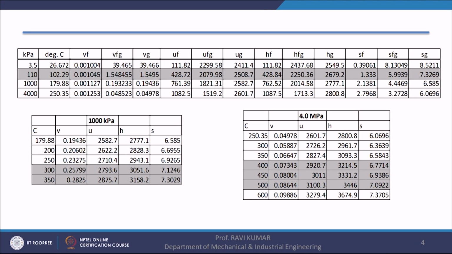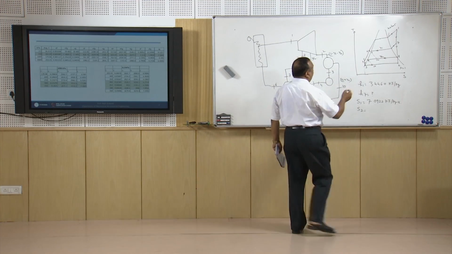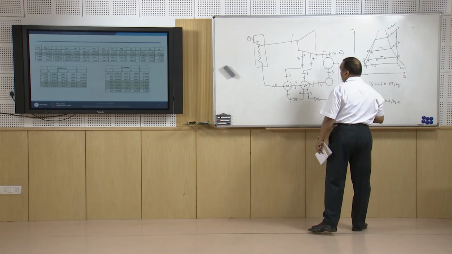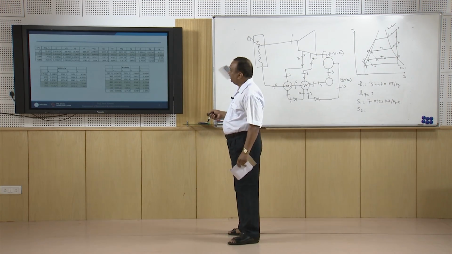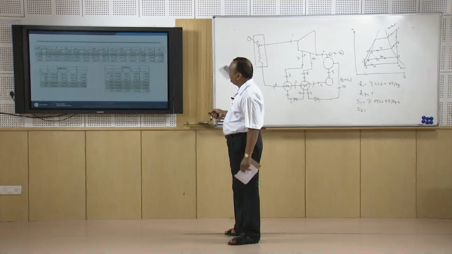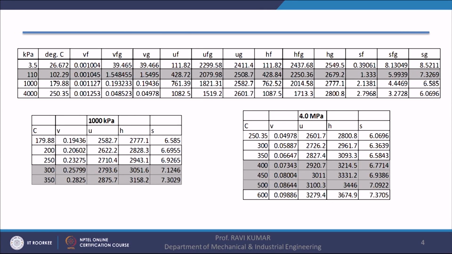So, we will take the vapor as superheated, and in this case at 10 bar we will have to do interpolation between 250 and 300 degrees centigrade, because this 7.0922 entropy will lie between these two temperatures and between these two enthalpies, right.